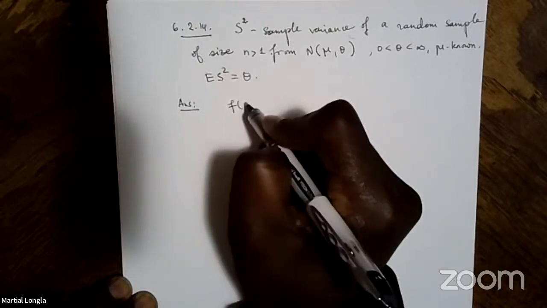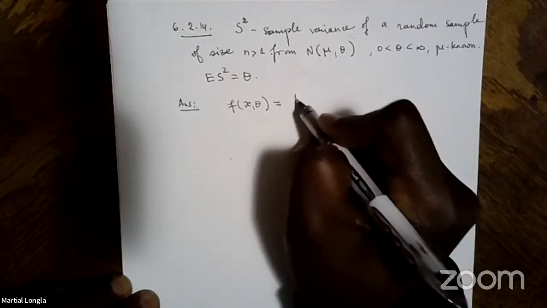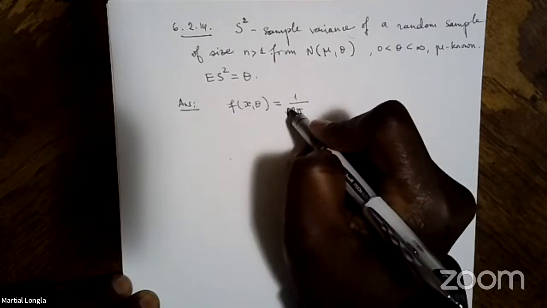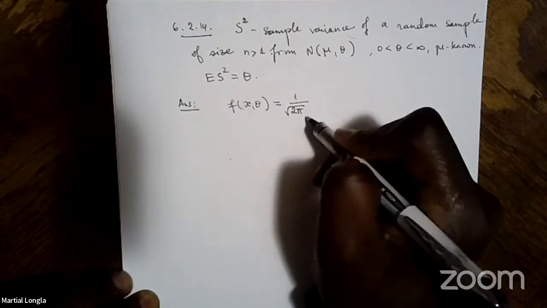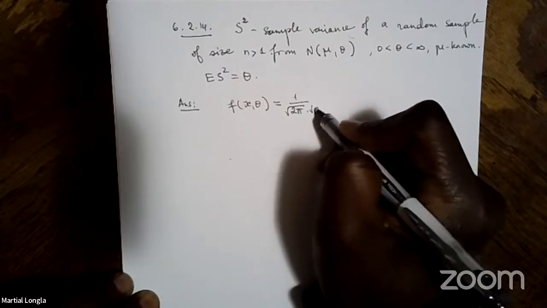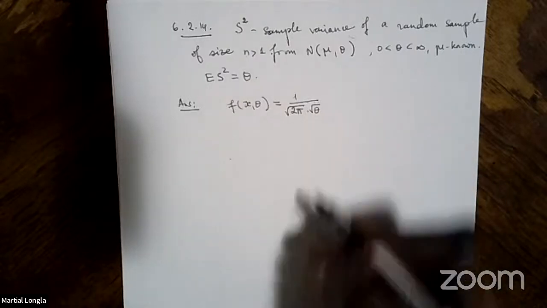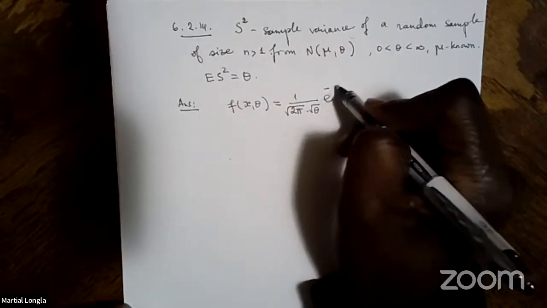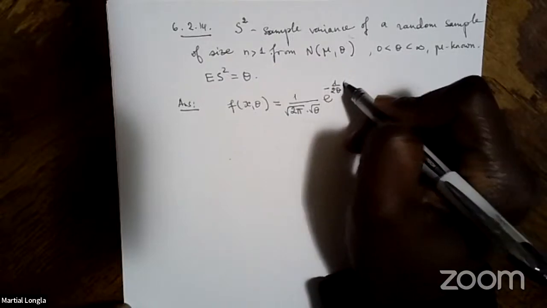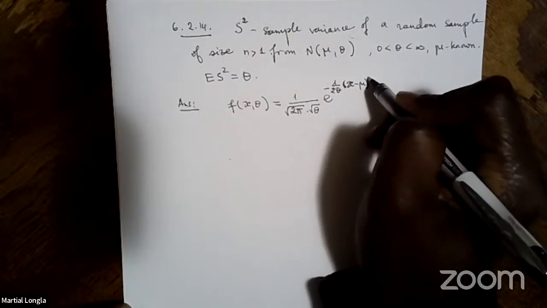All right. So let's say, what is f of x theta in this case? That is 1 over square root of 2 pi, and then sigma is square root of theta, right? Times e to the negative 1 over 2 theta times x minus mu squared.